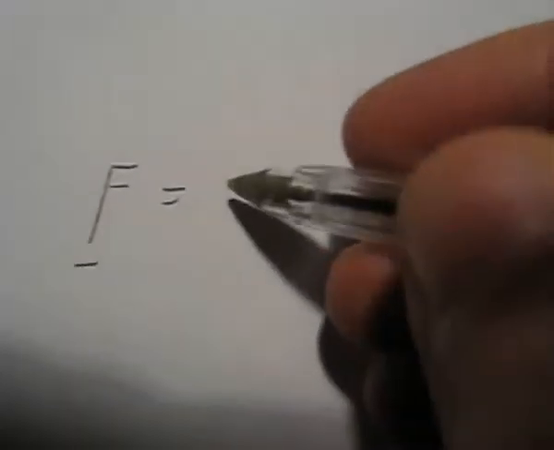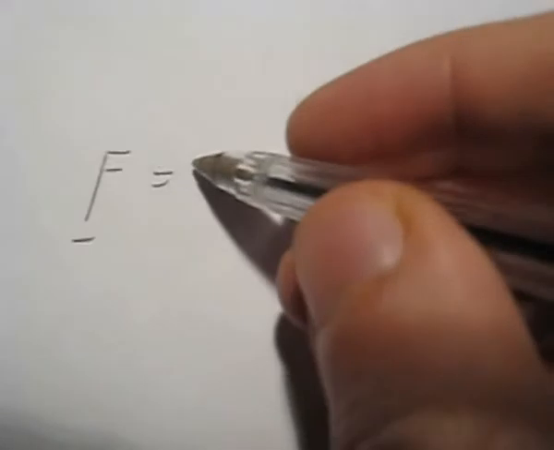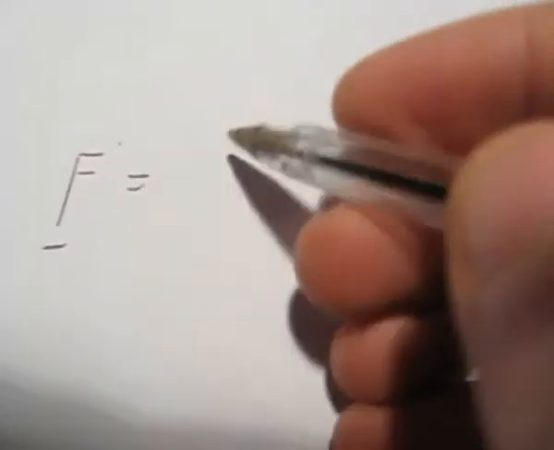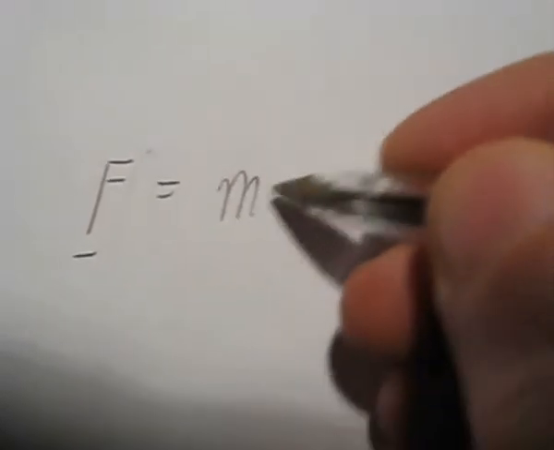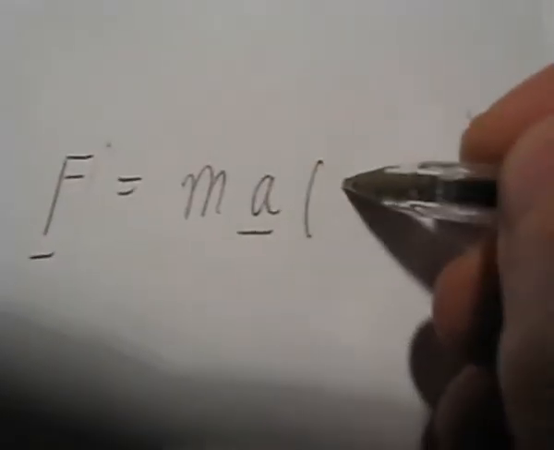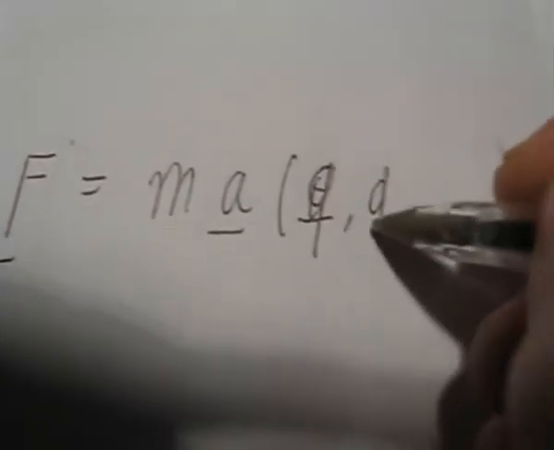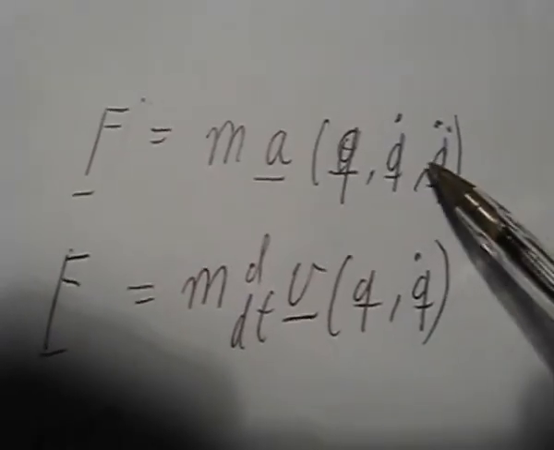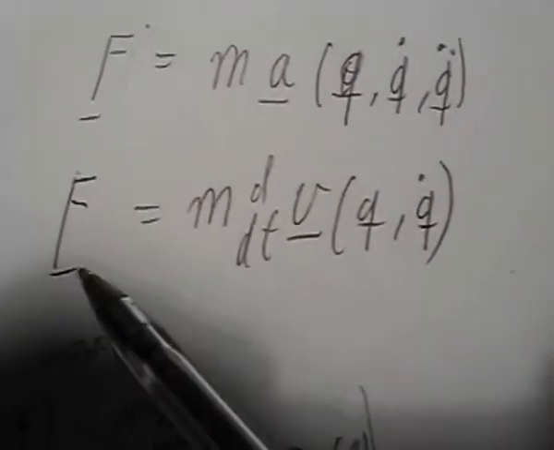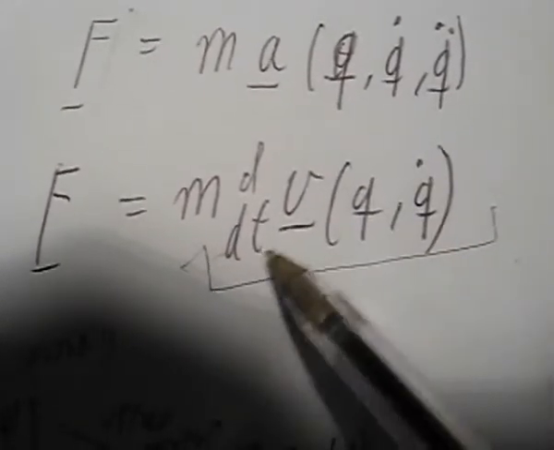So in general we have f, I am not going to indicate the time dependence anymore, which will depend on q double dot. But since we don't like q double dot, we write all this as a vector function of the generalized coordinates and their rates of change.